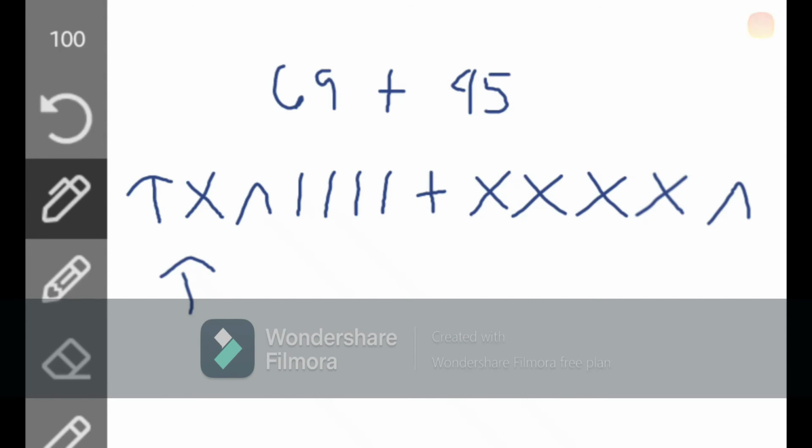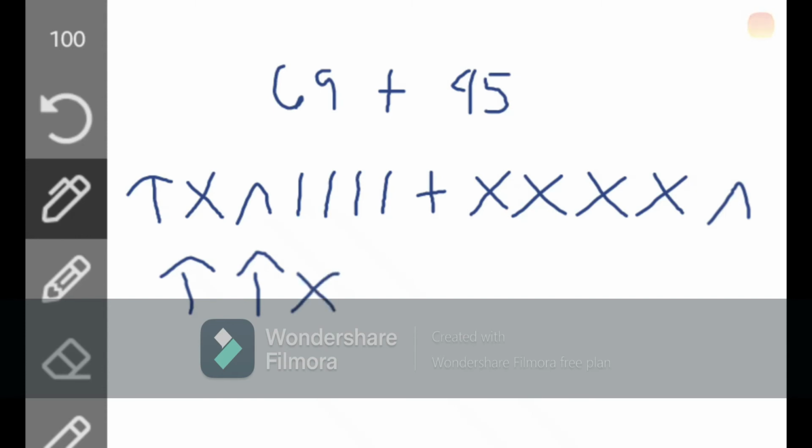There is 1 X on the left and 4 X's on the right. So 1 X is 10 and 4 X's is 40. 40 plus 10 is 50, so the symbol for 50 is still an arrow up. The next symbol is the inverted V, equivalent to 5. 1 V on the left and 1 V on the right. So 5 plus 5 is 10, and the symbol for 10 is X.